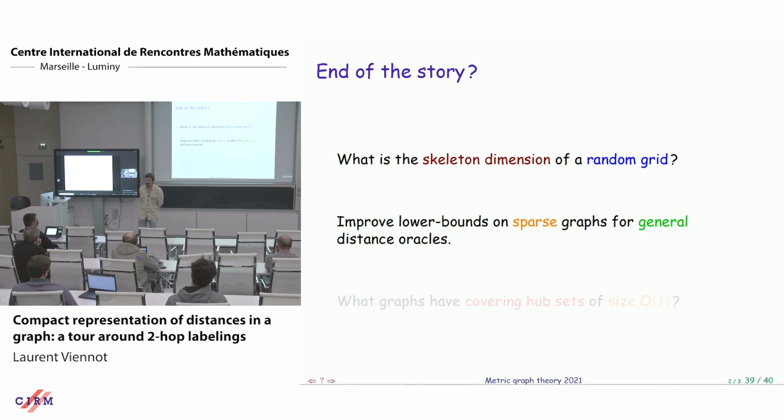There is also this huge question of improving lower bounds for distance oracles in general, because what I proved is only for 2-hop labeling.